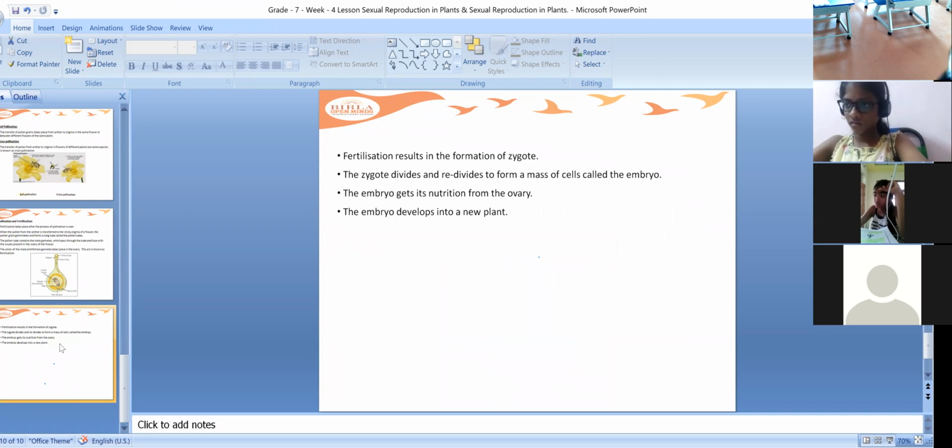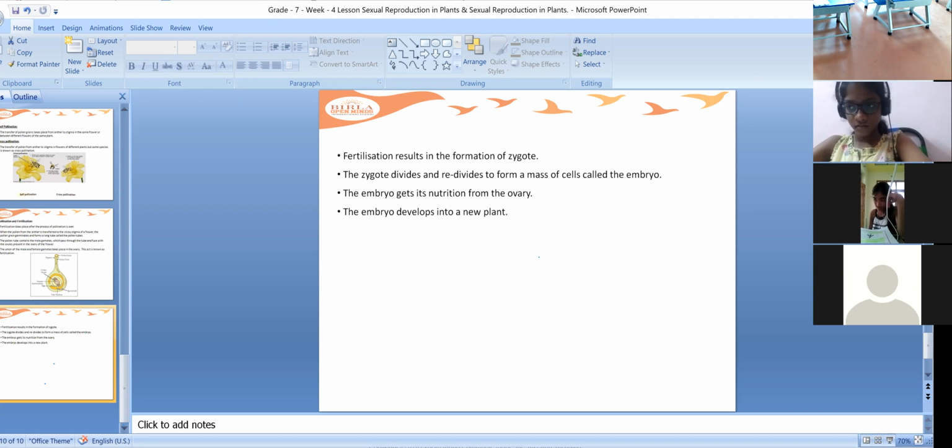Now, fertilization results in the formation of a zygote. After fertilization, the male sperm cell meets the female gametophyte, which is the egg, and fertilization takes place.